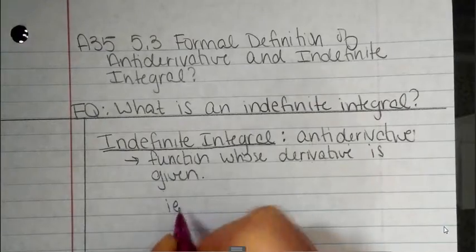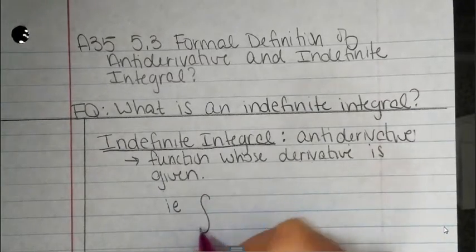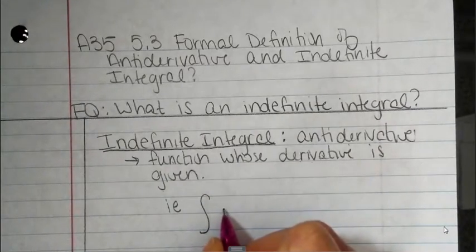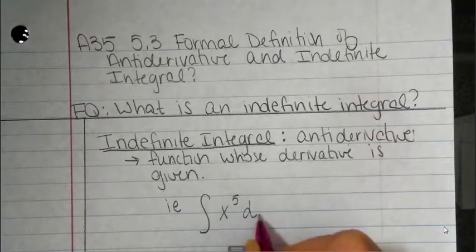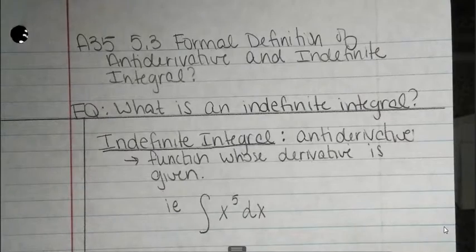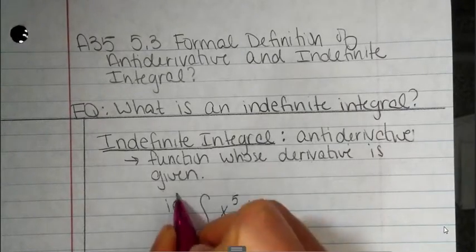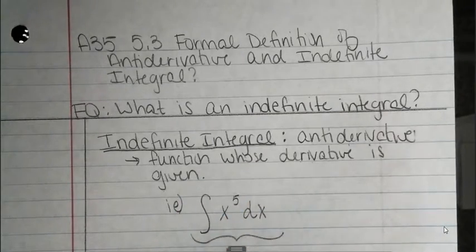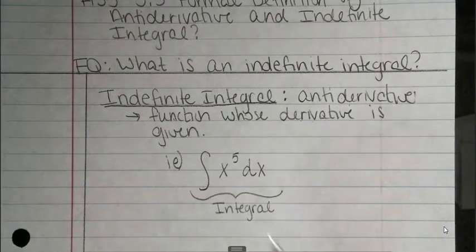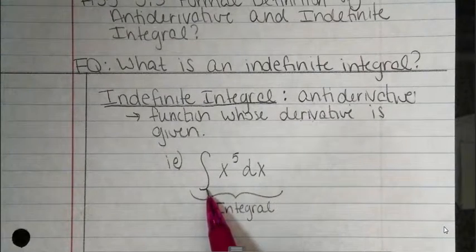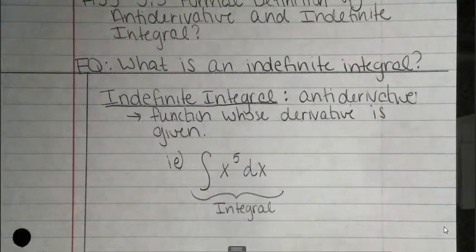So for example, this is what they look like. They've got an integral sign. They've got some kind of function happening. And then they've got that differential dx. Okay, so this whole thing is an integral. This one's actually an indefinite. When we get to definite integrals, you'll have x values here that'll kind of bind the area that we're talking about within the function.